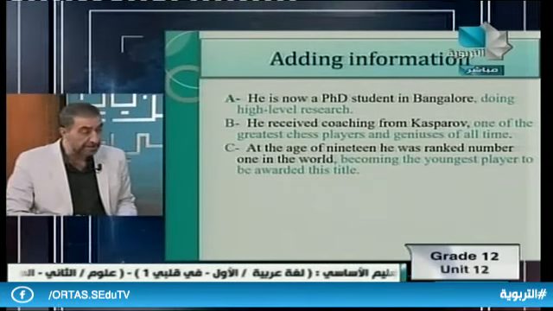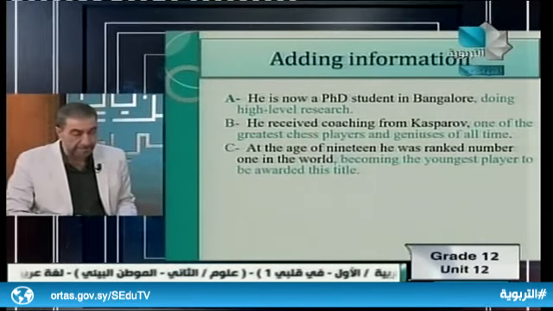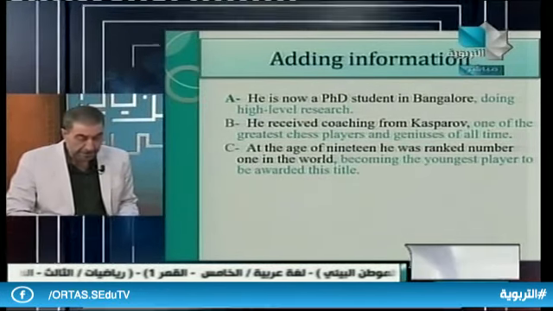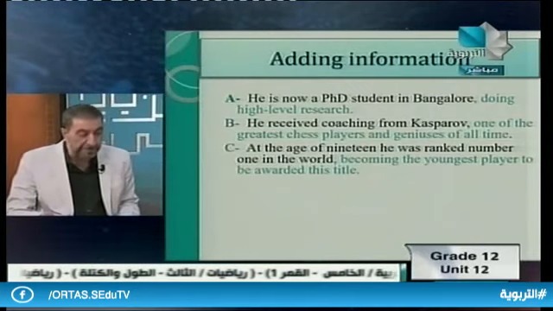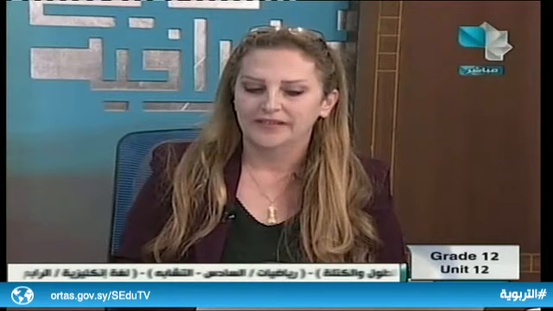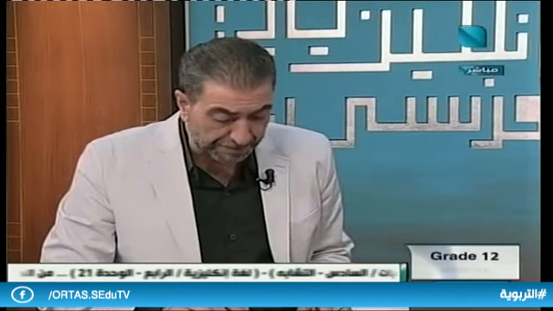Now we started our second sentence with a verb with an -ing, to add more information to the first one. So we say, becoming the youngest player. The second sentence should start with a verb to which we add -ing, preceded by a comma.